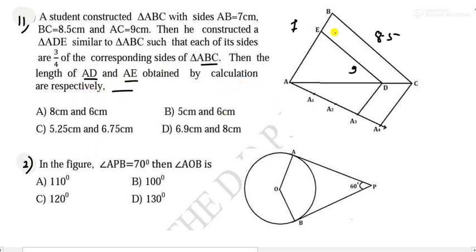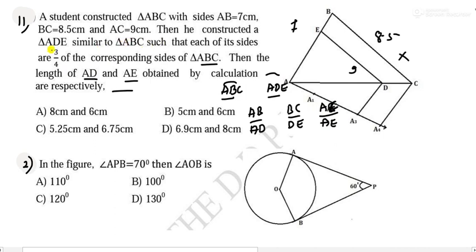If you get a question like this, don't look at this figure, just write A, B, C and A, D, E. If they are similar, their sides will be AB by AD, and here BC by DE, and the last one is AC by AE, correct?